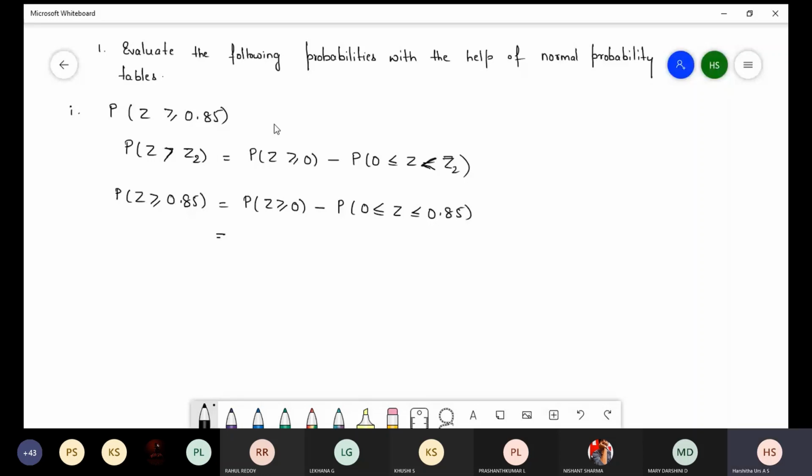So again, for this P of z greater than or equal to 0, we have one standard value, that is 0.5. So we can write here 0.5 minus phi of 0.85, 0.3023. So what is 0.1977? Like, write first the formula, then we have to write the substitution part.